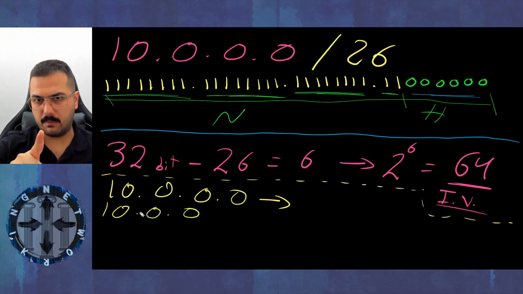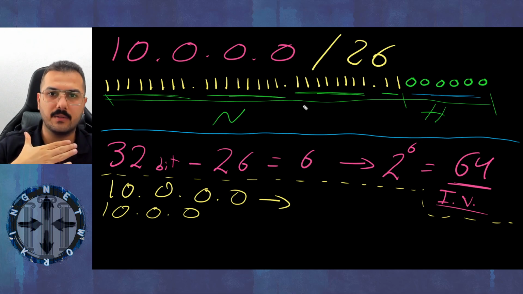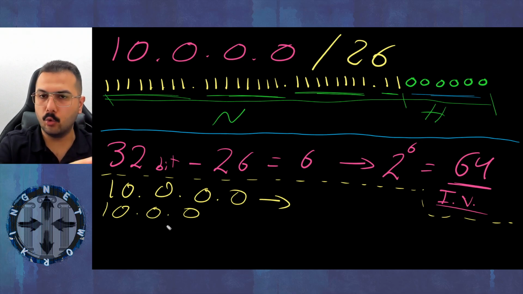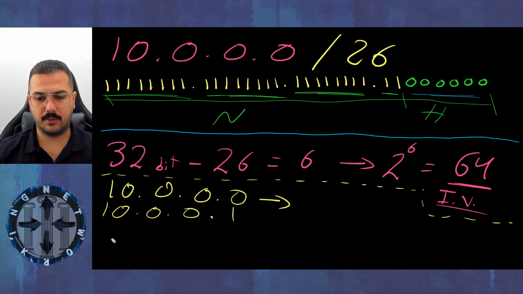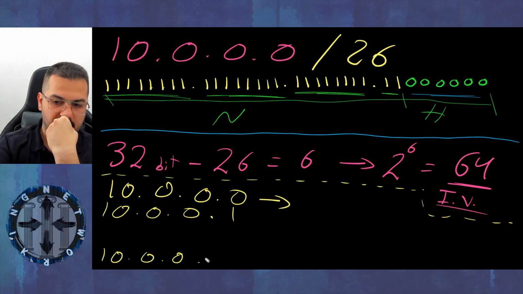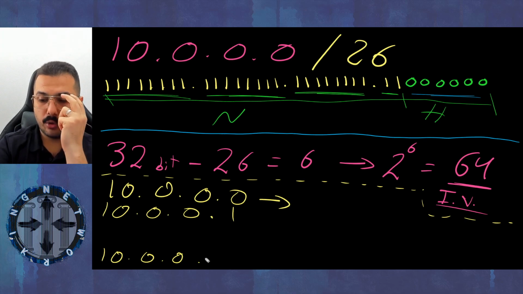You understand that 10.0.0 is fixed because its shadow is filled with ones. No change, no modification, no 1, no 2, no 3, nothing. 0 is 0, 10 is 10. No changing at all. Dot 1 is the very first usable IPv4 address. Now the broadcast domain. The last IP, how to reach it?